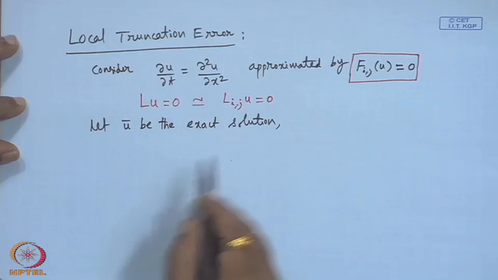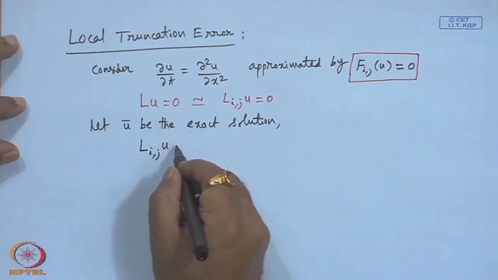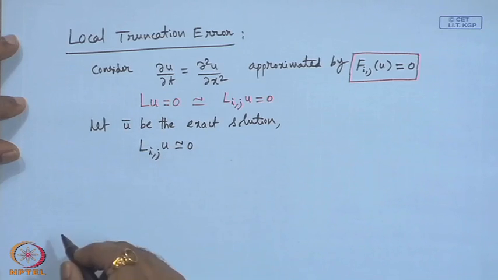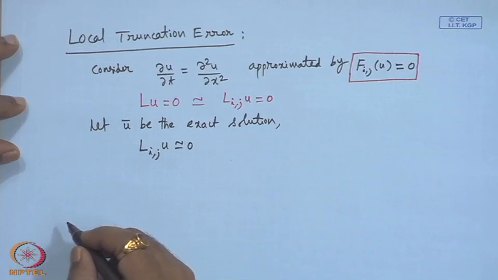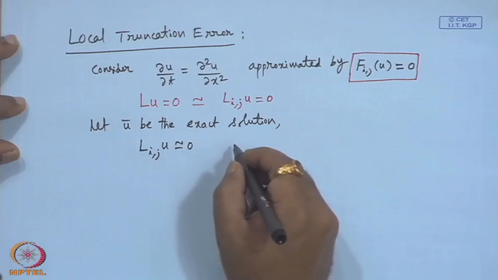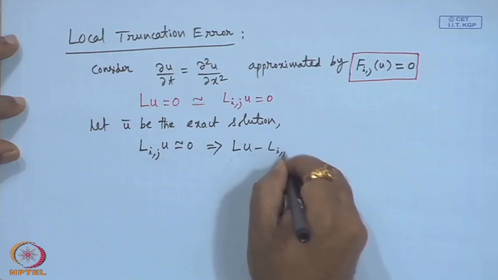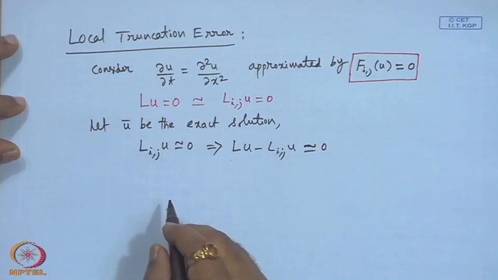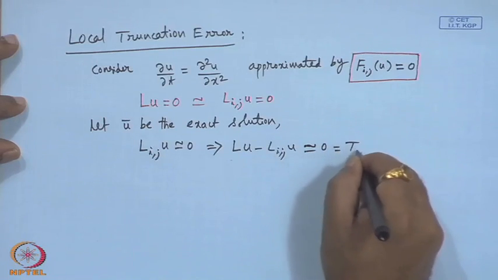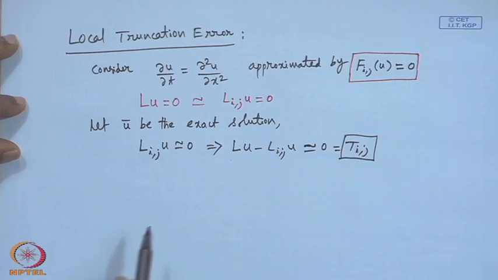Okay. So, the remark is L_ij u bar is approximately 0. This implies Lu minus L_ij u should be approximately 0, which we call T_ij. So, this is our local truncation error.